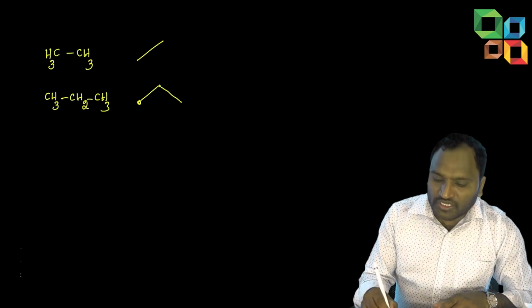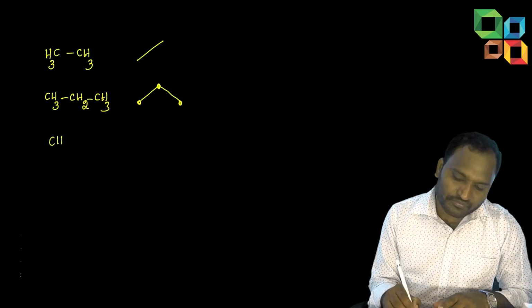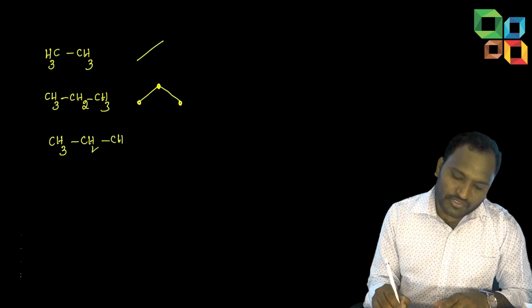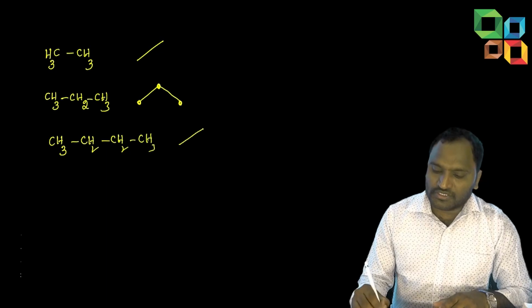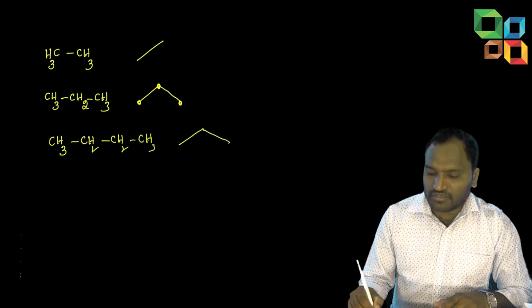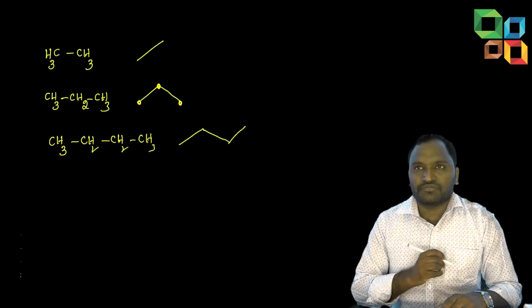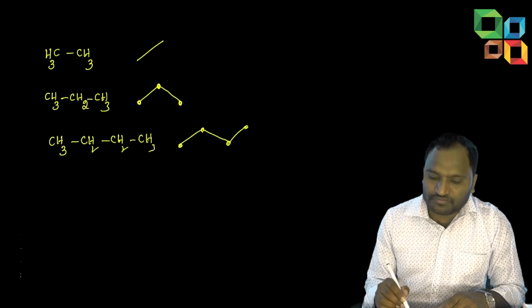So here, each corner represents one carbon. If it is butane, tell me, students, how to write? Like this, one line, like this, one line, one more. It's very simple. So here, one carbon, 2, 3, 4.